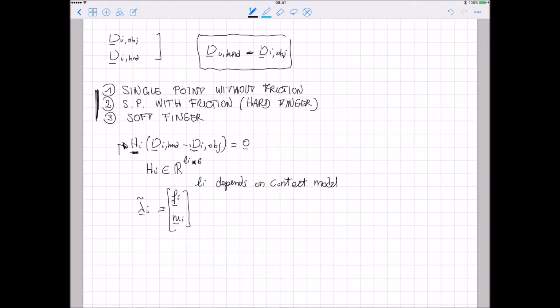What is different for each contact model is the components of this wrench that are different from 0. So the components of this wrench that are different from 0 depend on the type of contact model that we choose for each point.